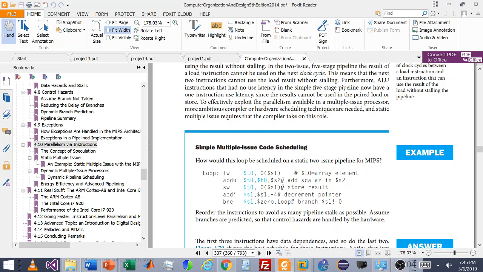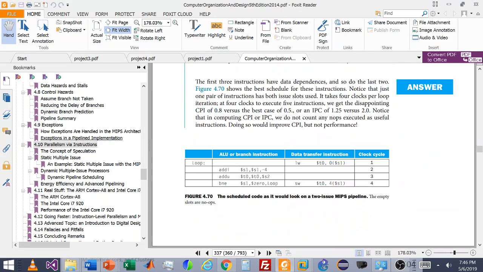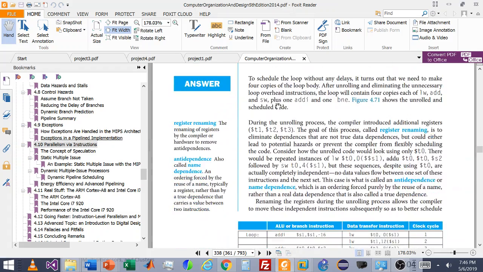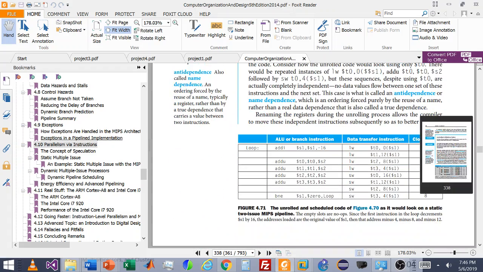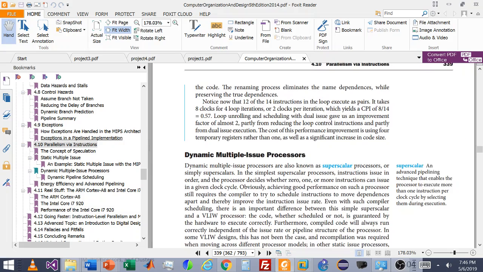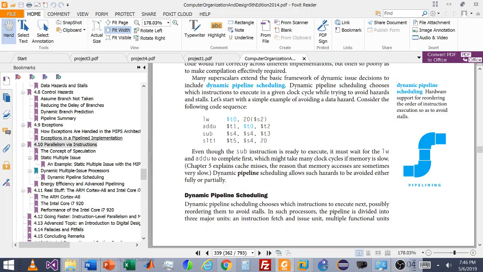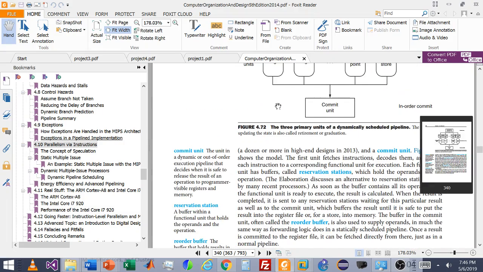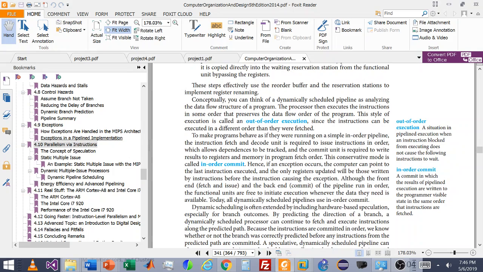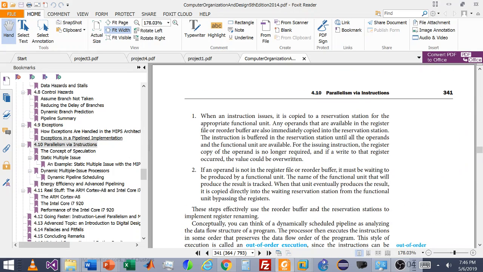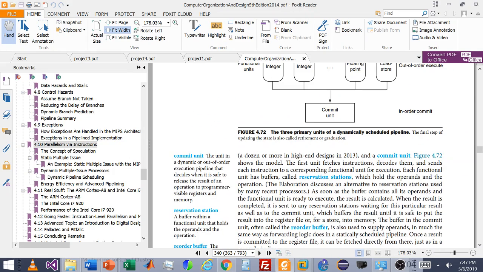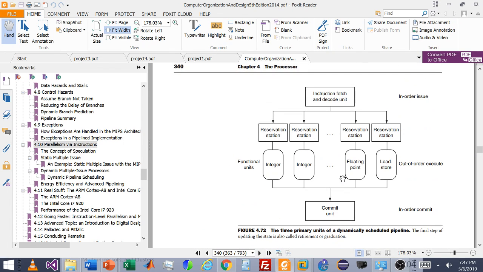That's static. Now multiple issue dynamic is a little different because it's also called out of order execution, but a dynamic scheduler is required, and it can be more complex. Again, what's out in industry is far more advanced than the book here, I'd guess.